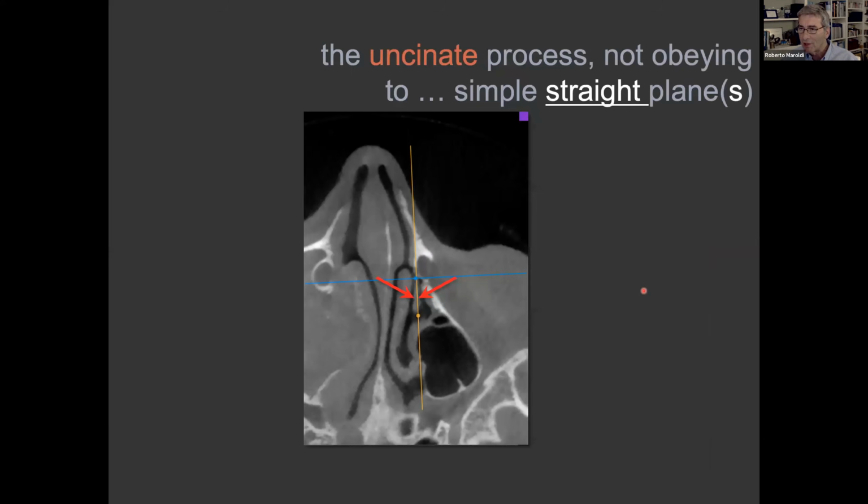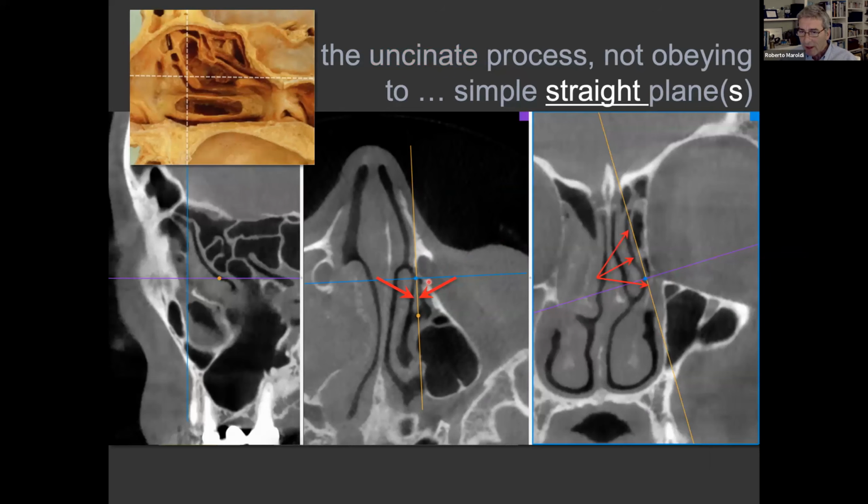The uncinate process is not a simple structure. As you can see, it's not straight at all. So that is the base, and this attachment is at the level of the nasolacrimal duct. And then you see that the course of this is a very unexpected course, can be oriented in a very variable manner.